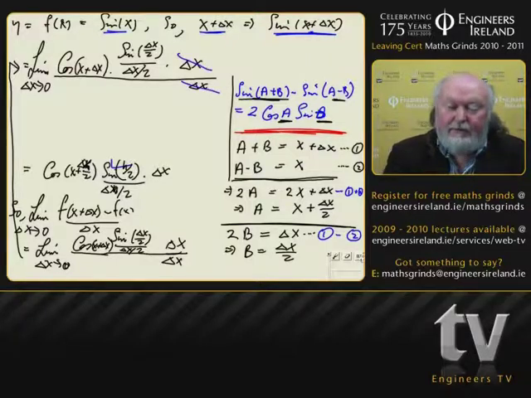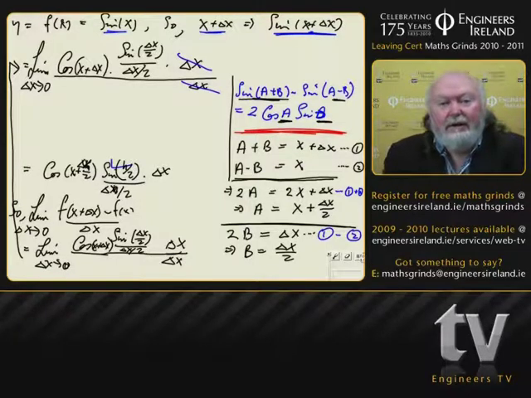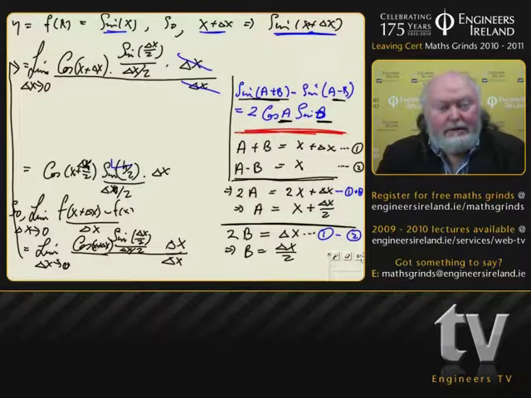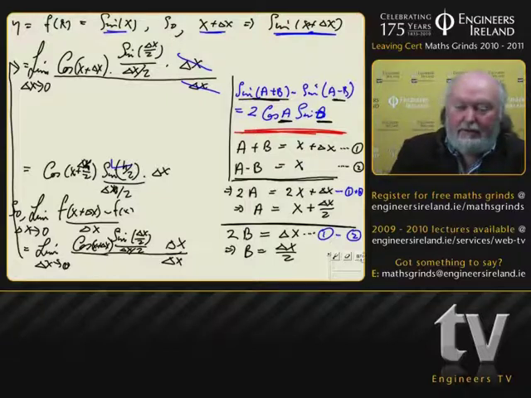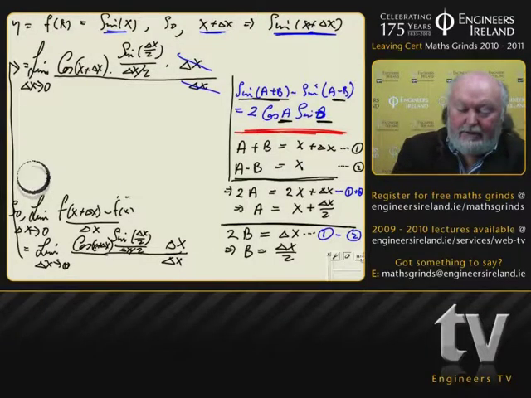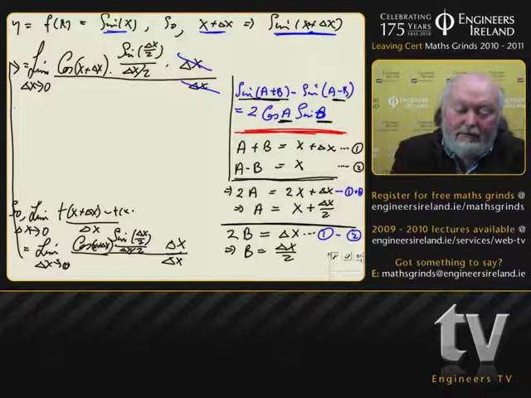This delta x is going to cancel this one. A rule of limits is that the limit of a function multiplied by another function is the limit of the first function multiplied by the limit of the second function. So I can actually now bring that into this.